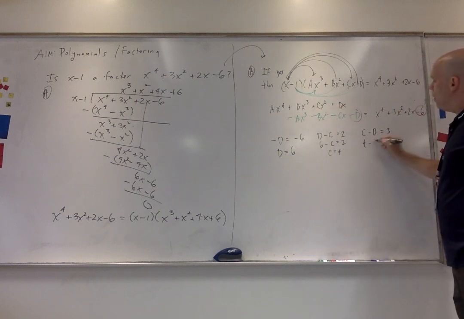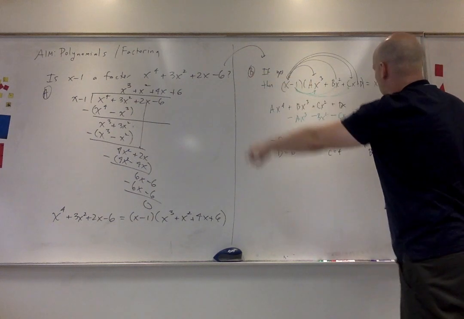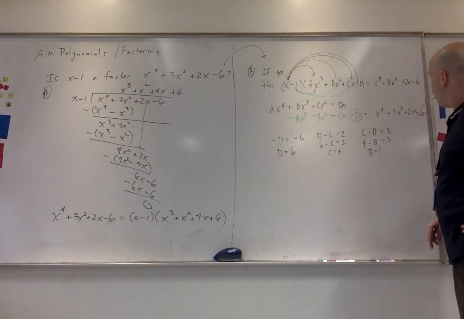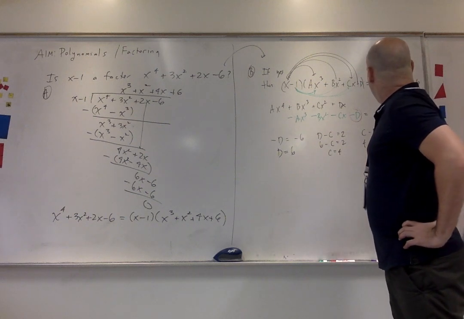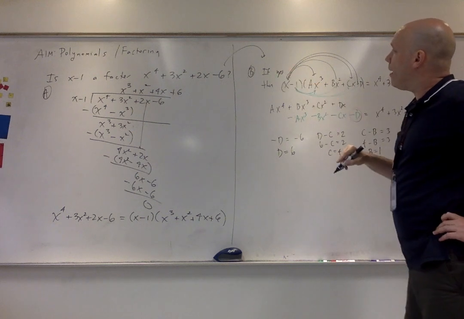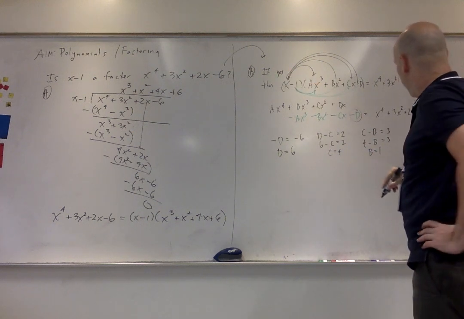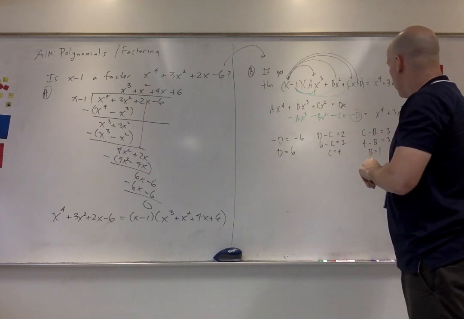Well, we know c is 4, so c minus b is 3, b is 1. Nice. What's going on with the cubes? We know that it should be 0, right? Let's see if we got this right. What's a, by the way?